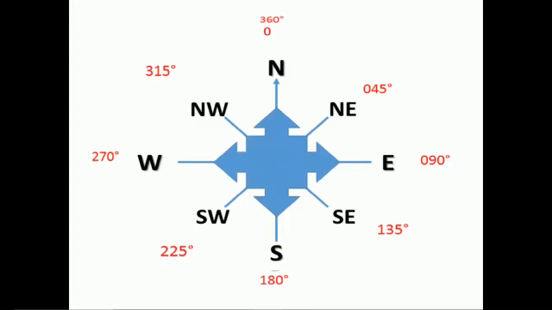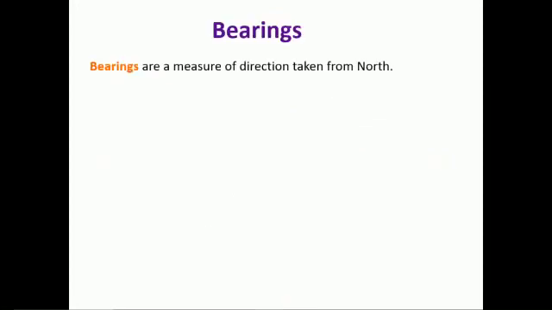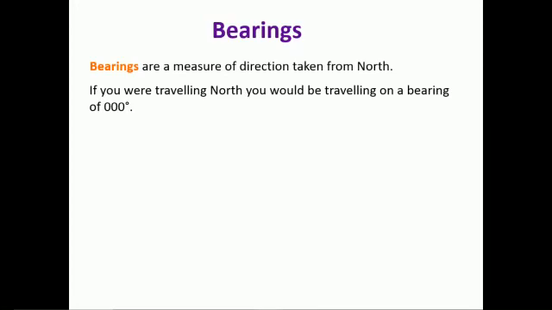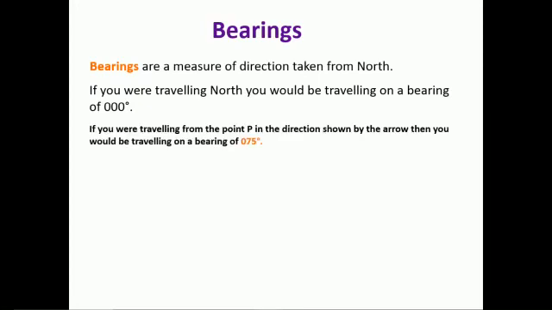These are the directions of the compass. When you are moving, the compass gives the direction and these angles. Bearings are measured from the north. If you are traveling north, you would be traveling on the bearing of 000, that means a three-digit number. And 75, you write here as 075.